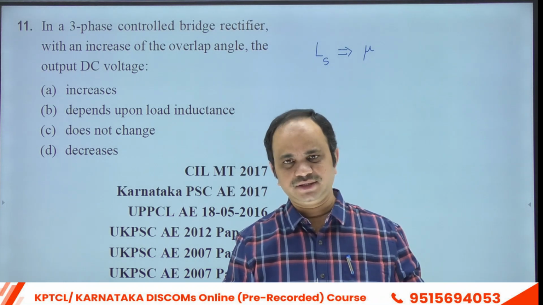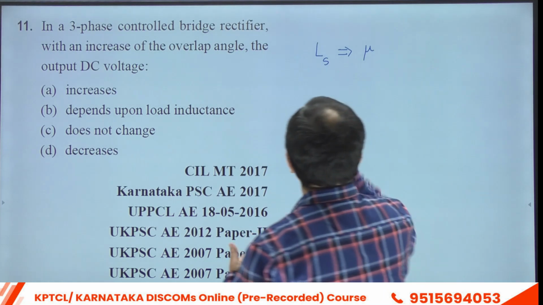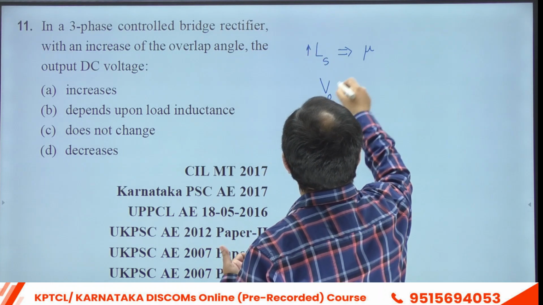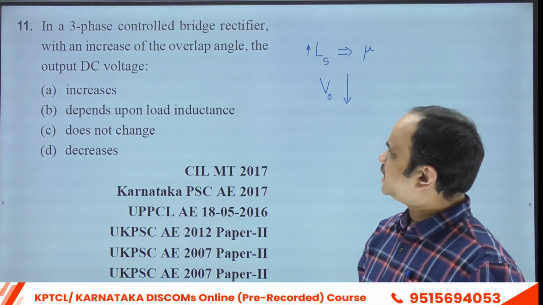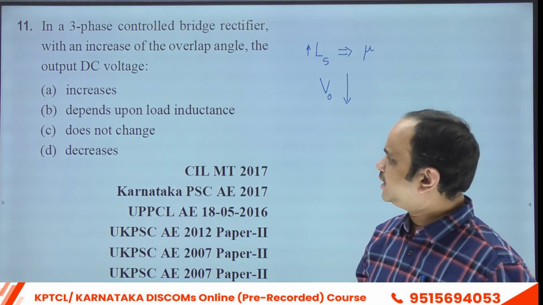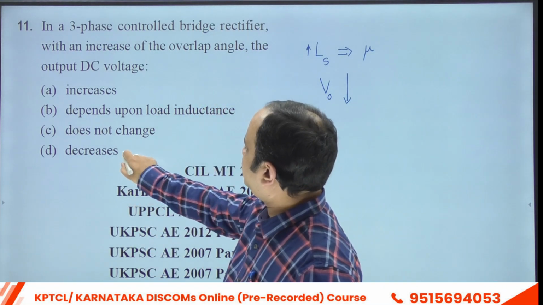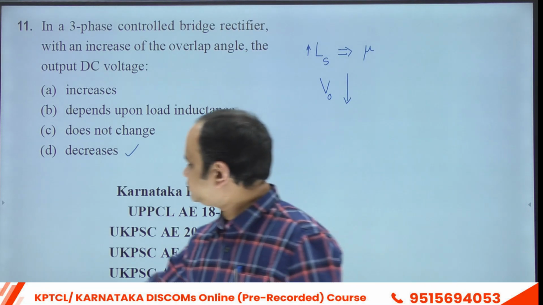Overlap will increase whenever source inductance increases. When source inductance increases or overlap angle increases, the net average output voltage will decrease. Option D is the correct answer.